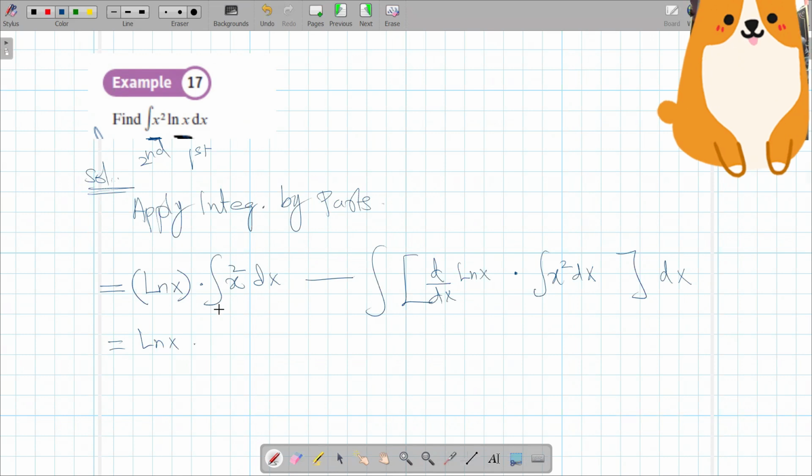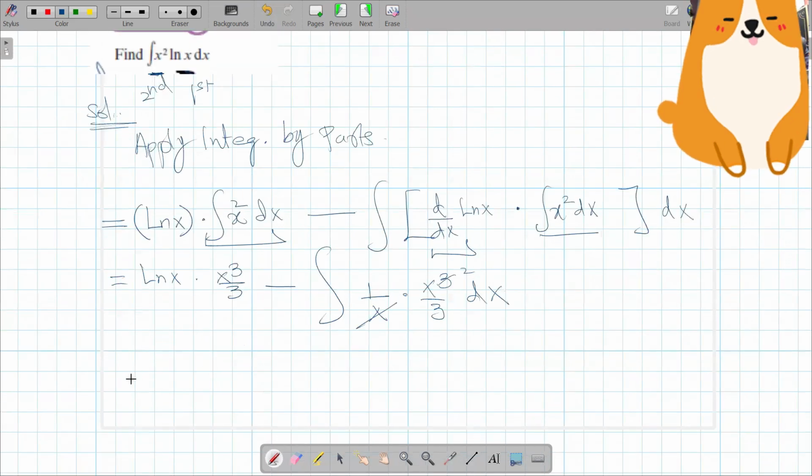What is the antiderivative of x square? It is x cube over 3, minus. What is the derivative of log x? It is 1 over x. What is the integration of x square? It is x cube over 3. And we will cancel 1 x, and x square over 3 will be left.